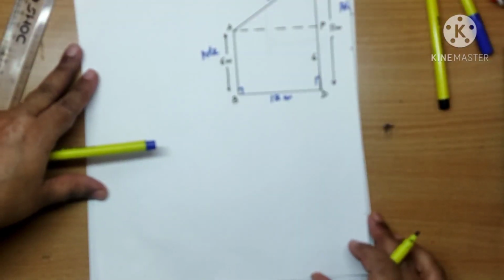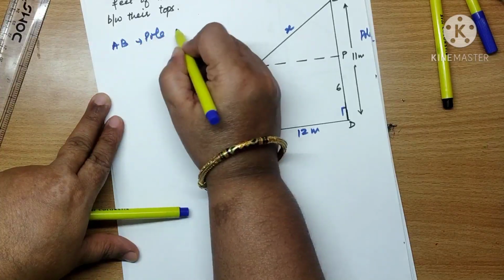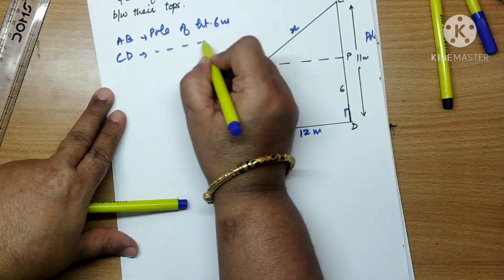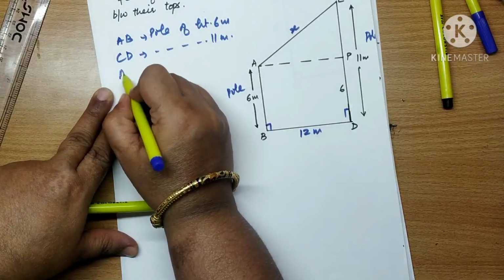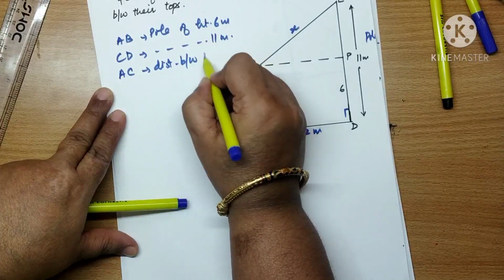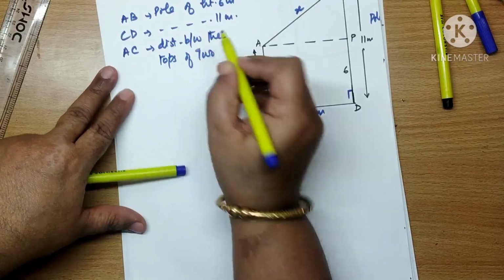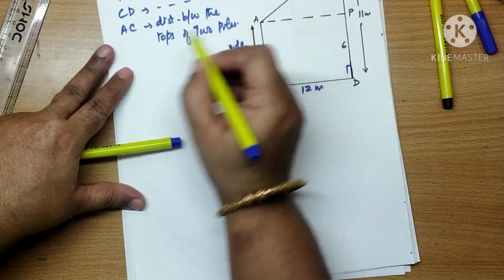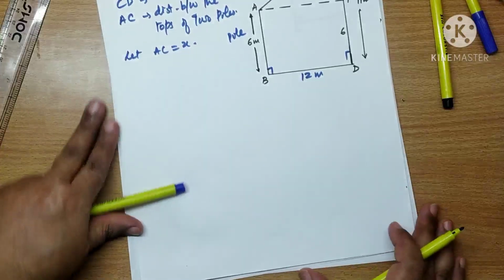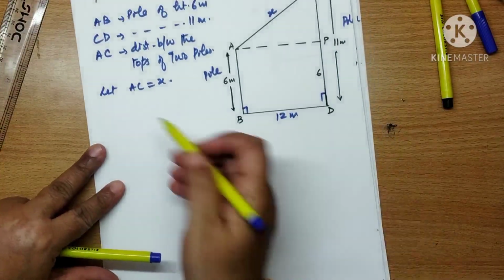So AB is the pole of height 6 meter, CD is the pole of height 11 meter, and AC is the distance between the tops of the two poles. Let AC be X. So we need to find X in the question.